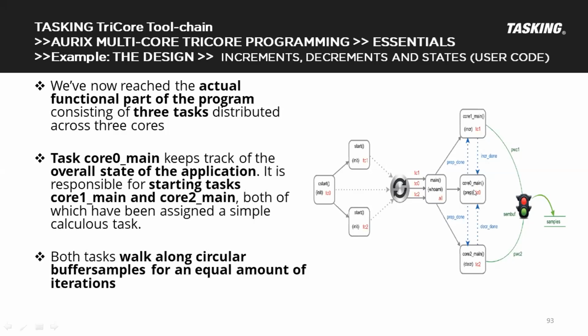What core 0 does here is it basically makes a synchronization and manages the overall application state. So it communicates with core number 1, and it communicates with core number 2, and at the end it will print the values of this buffer. So this is the task that's defined for core number 0.